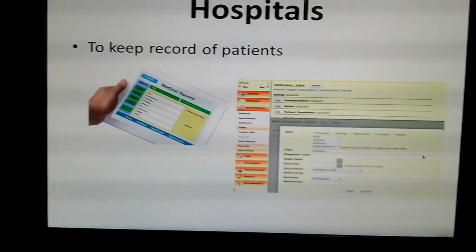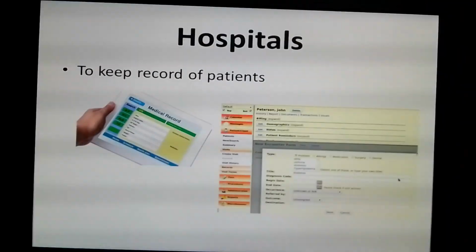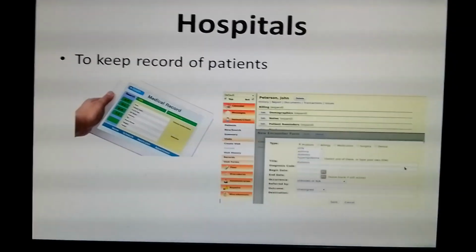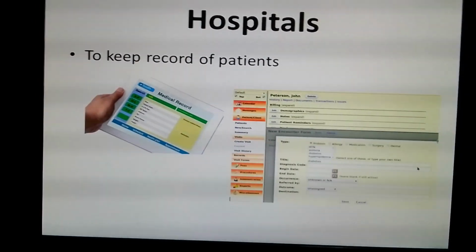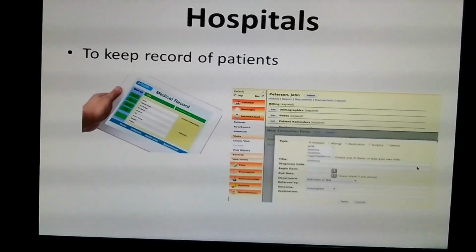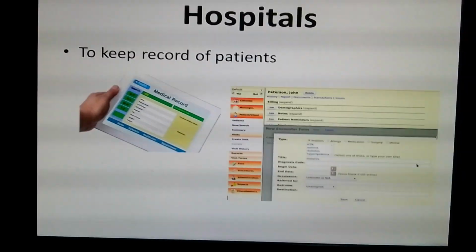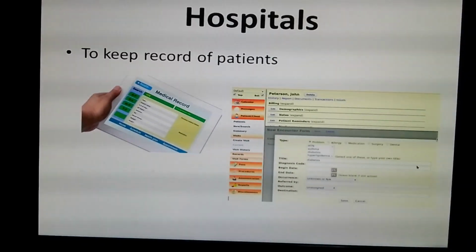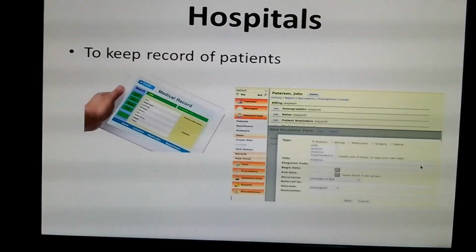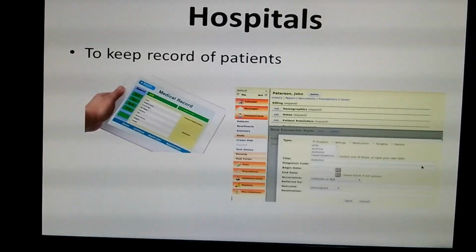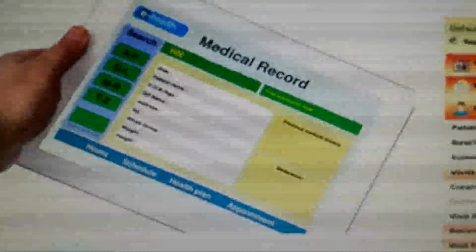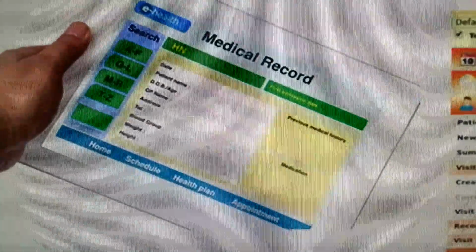Later, that information is saved in computers. That can be done with word processing applications like WordPad or MS Word, or with specific software applications for recording patient information.